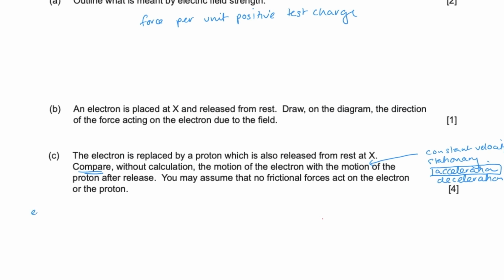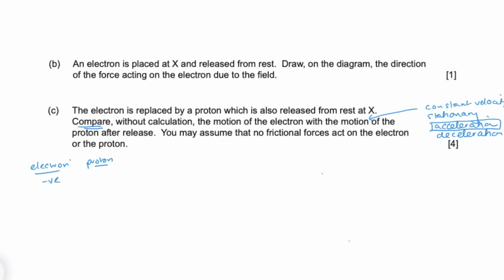Before I write anything down, let's look at the differences between them. An electron is a negative charge and a proton is a positive charge. A proton is heavier, it has a greater mass. The mass of an electron is 9.11 times 10 to the minus 31 kilograms, which is tiny, and the mass of a proton is 1.67 times 10 to the minus 27 kilograms. I think that's all we need to know.